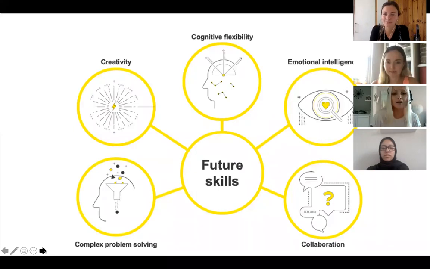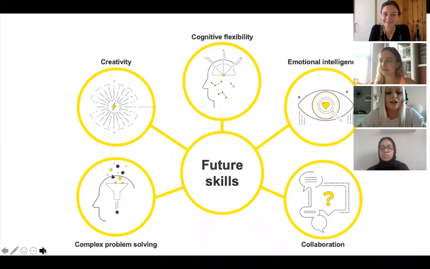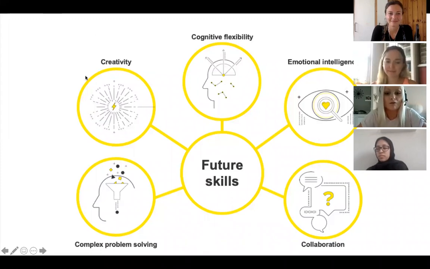Now, to set up for our exercise that we're going to do together, I wanted to talk to you a little bit about skills, because essentially we look for skills when we're looking at people that we want to recruit and hire. And that's what every company in the world would look for in an applicant for a role.